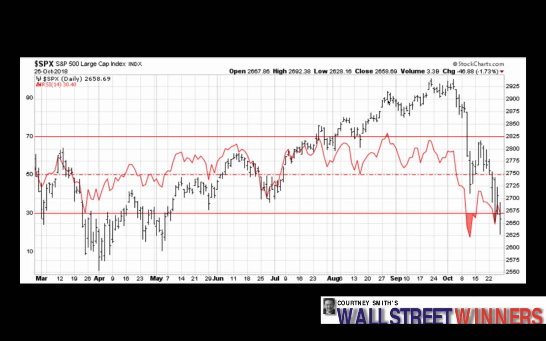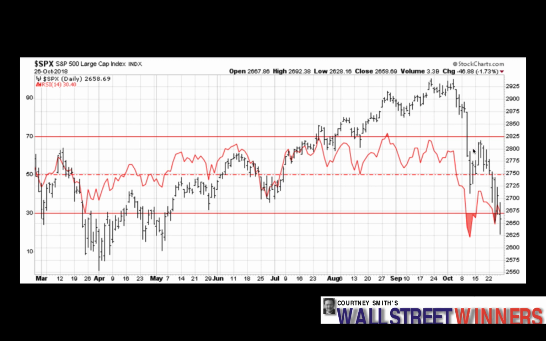Notice that at the end of August, we made a new high in the S&P, and we made a new high in the RSI. We then, in September, made a new high, in fact, the all-time high on the S&P, but the RSI did not. That's called divergence, momentum divergence, and the market collapsed.